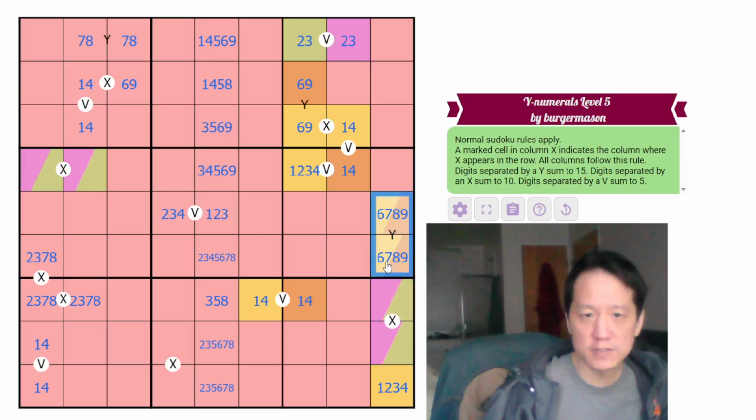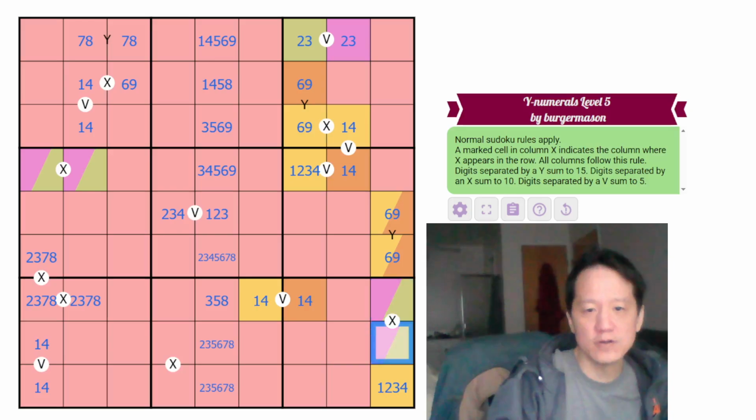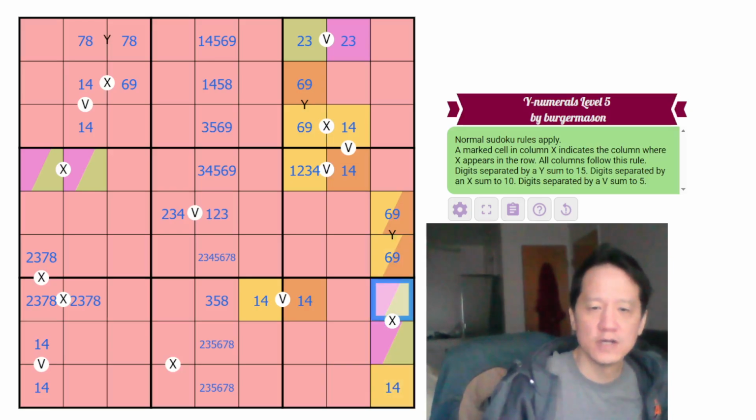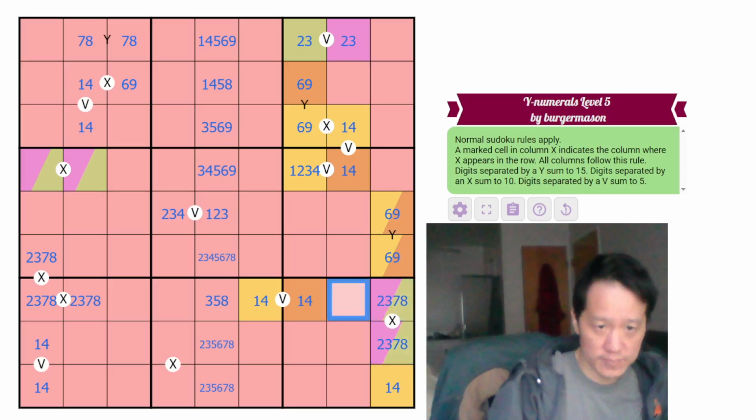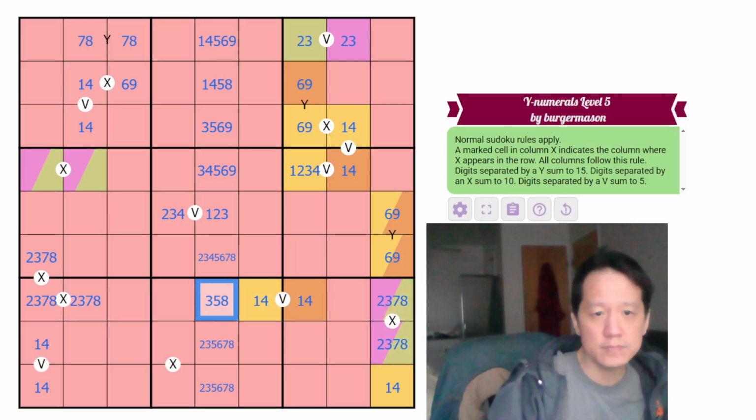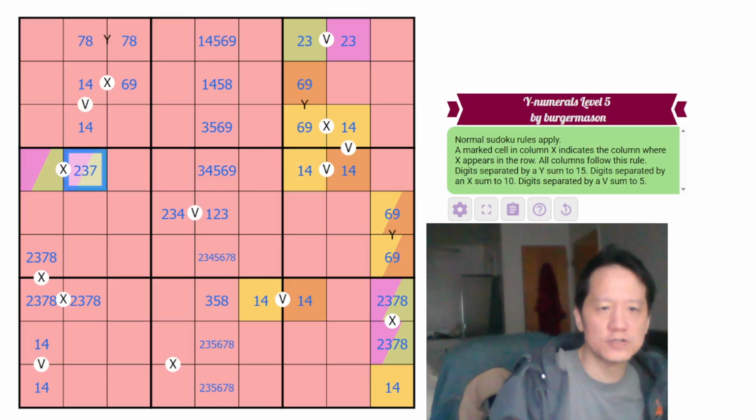This is 6, 9 together. This is 1 or 4. And these have to be 2, 3, 7, 8. Okay, this has to be 1, 4, 1, 4. So this is also 2, 3, 7, 8.